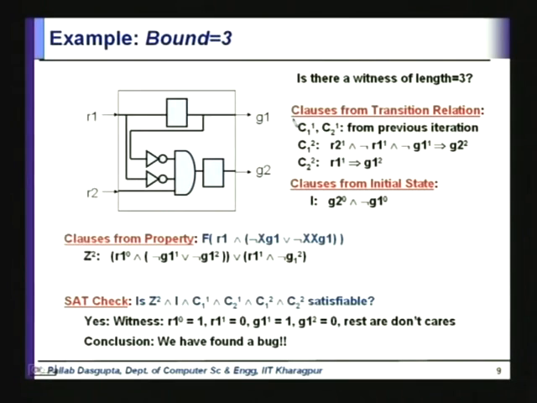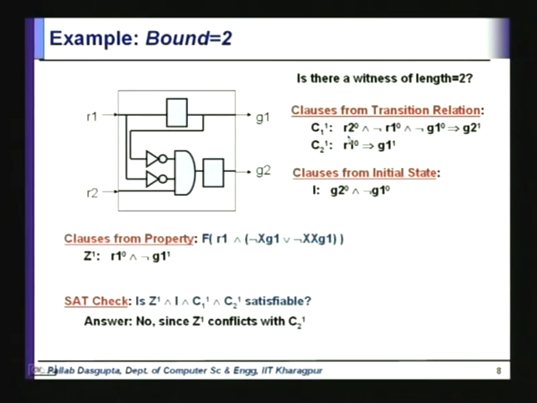Again we build clauses from the transition relation. So, C11 and C21 are borrowed from the previous iteration, we already have them. C12 says that if in cycle 1 R21 and not R11 and not G11, then in cycle 2 G2. So, it is the same as before.